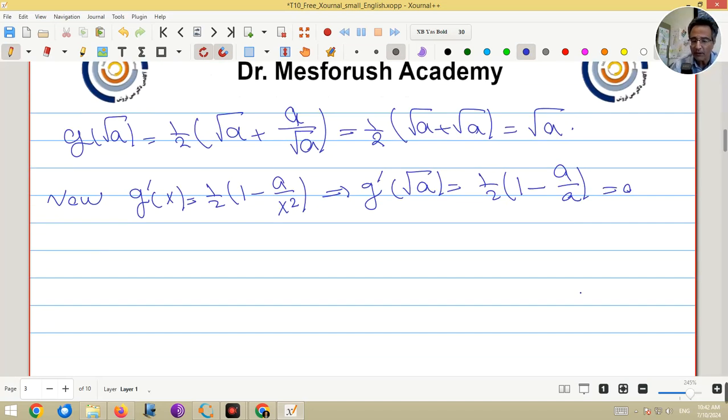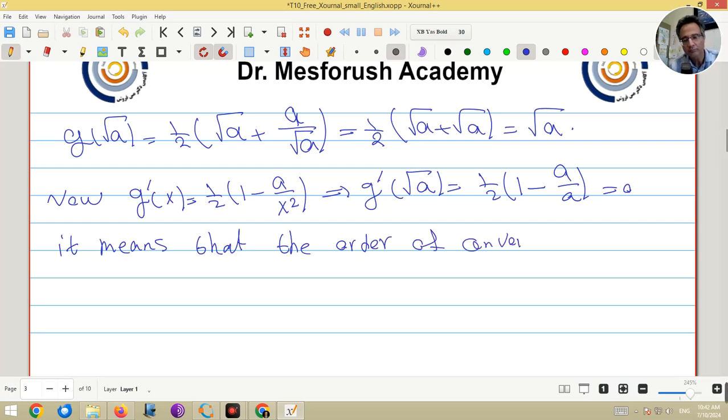What does it mean? It means that the order of convergence is at least 2.